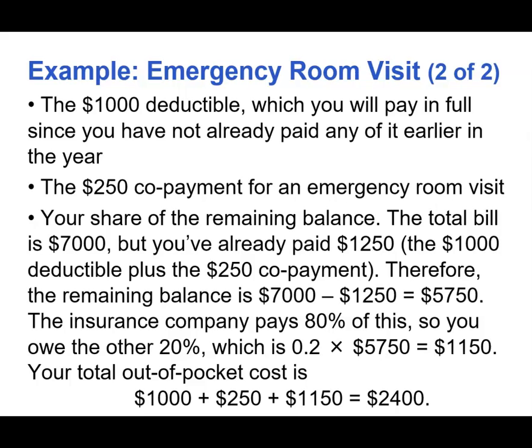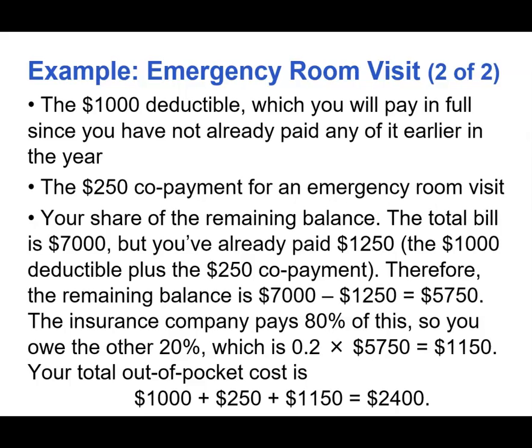Therefore, the remaining balance is $7,000 minus $1,250, which comes to $5,750. The insurance company pays 80% of this, so you owe the other 20%, which is 0.2 as a decimal times 5,750, which is $1,150.